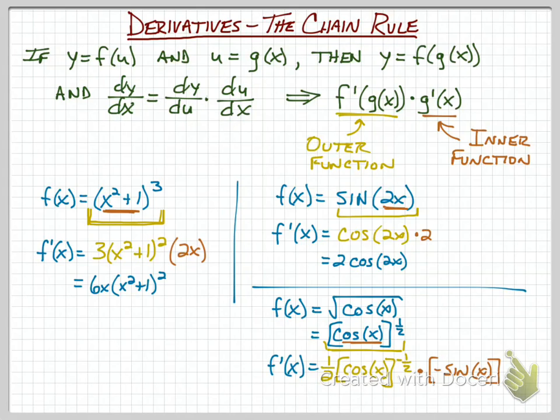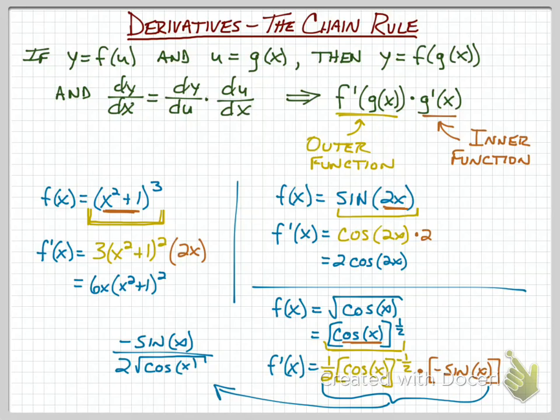Now when we multiply and simplify, we have negative sine x over 2 times the square root of cosine x. That's just moving our cosine x into the denominator because of the negative exponent, and multiplying by 1/2. That's what we get. So I hope this helps.